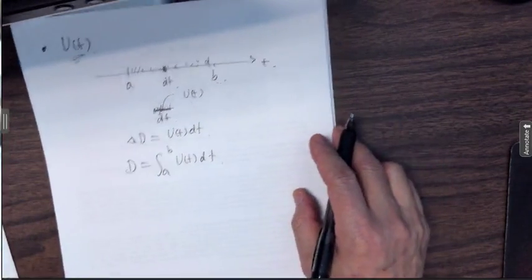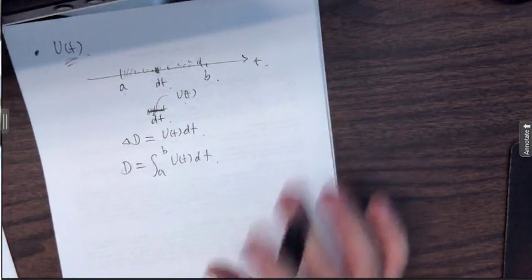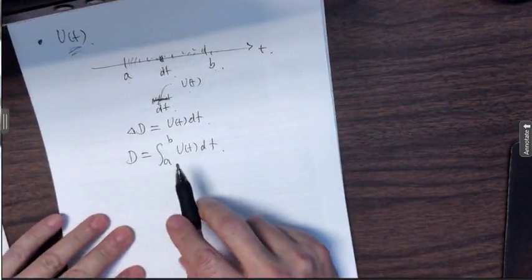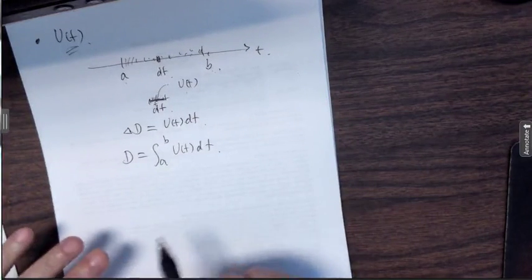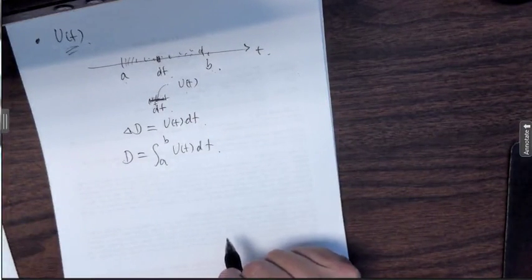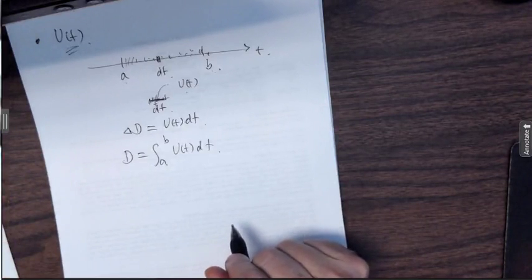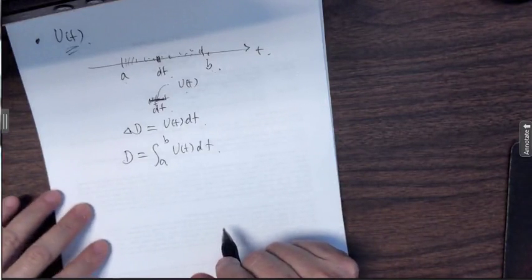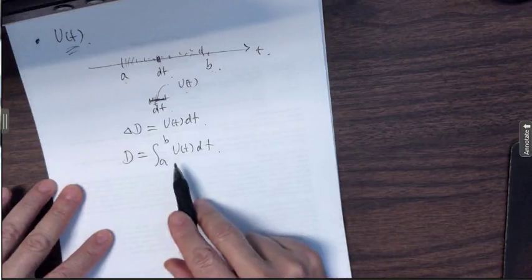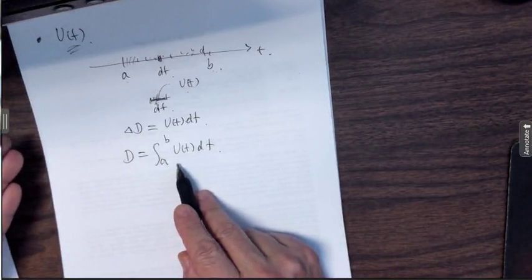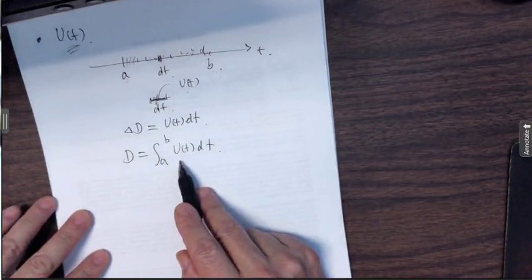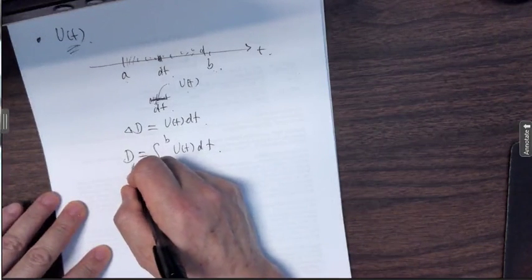In this situation, it's not as clear what we get here. In physics there are two types of distance we are interested in. One is we just directly add it up. If we directly add up, this distance is called the net distance.